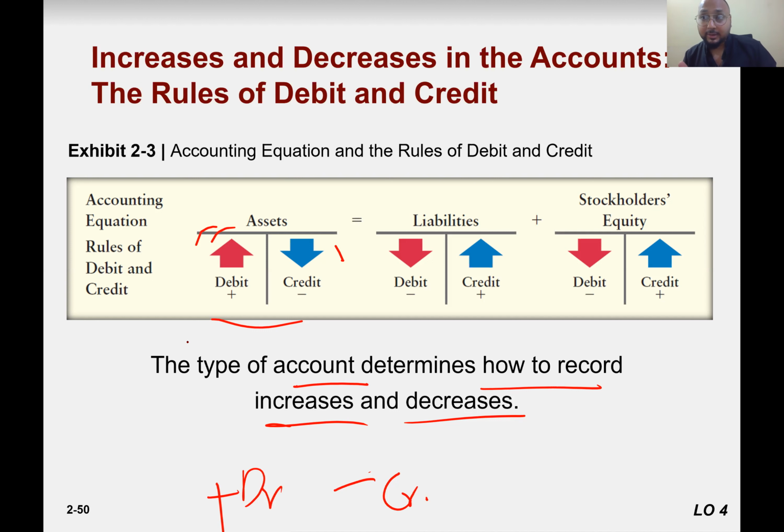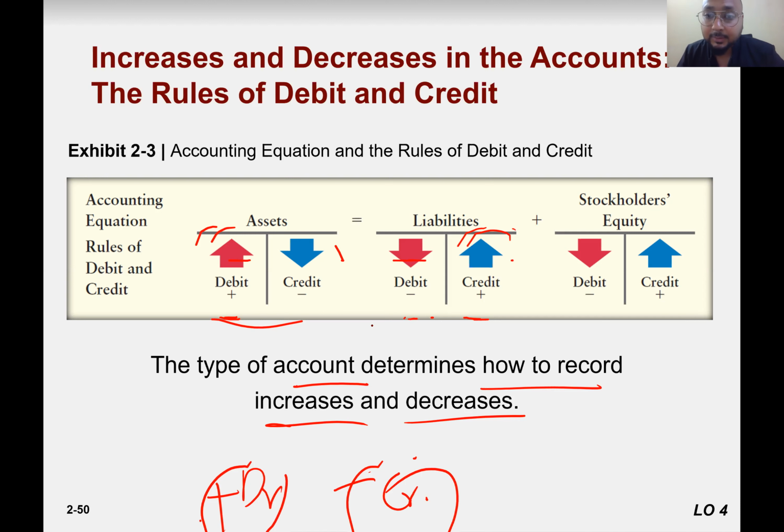If liability increases, you write on the right hand side, the credit side. Liability increase, credit. Shareholder equity increase, credit. Liability decreases, debit. If you remember debit means positive and credit means negative, you are mistaken. Why? Because on the asset side it is positive, on the liability side it is negative. Then you will be quite stunned and confused, what's going on?